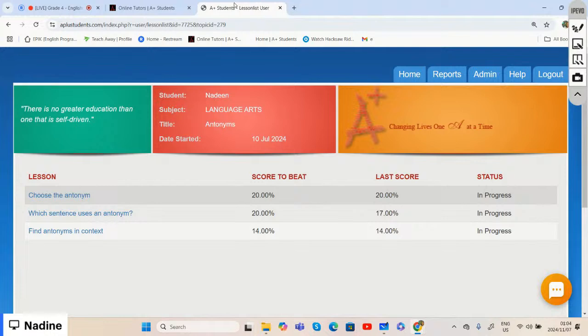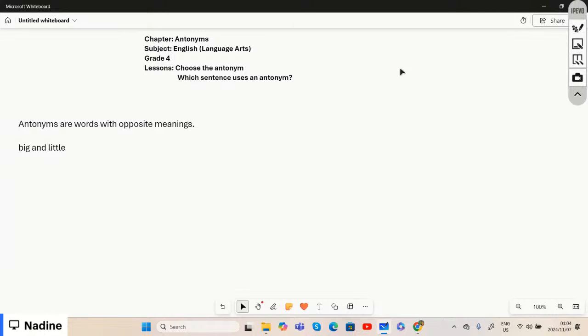Now, today we're doing antonyms. Our chapter is antonyms, our subject is English language arts, and we're doing grade 4.